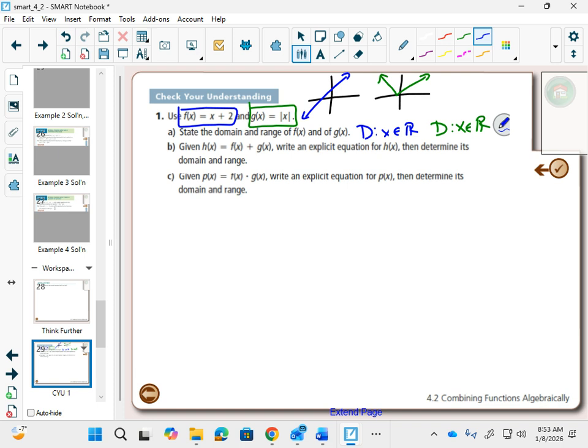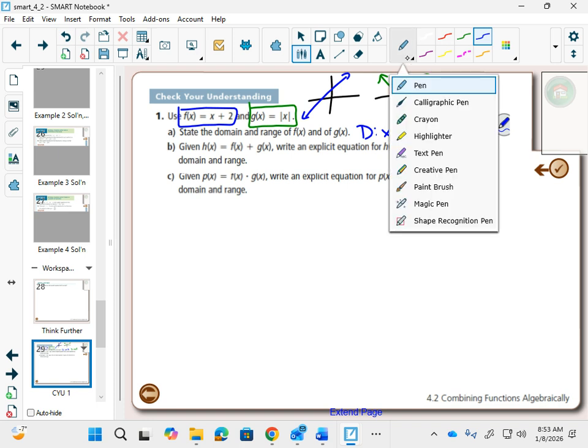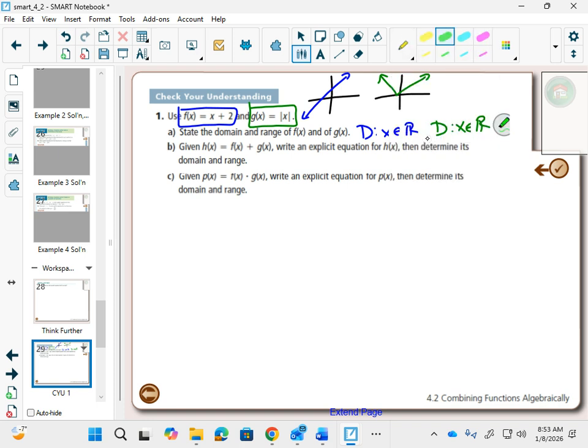And here's some new language. Write an explicit equation for h of x. So, what does that mean as an explicit equation?